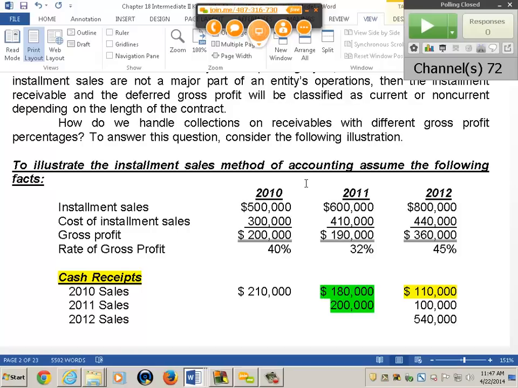When you close it out, you'd have to debit sales for 500, credit COGS for 300, and then you would have deferred gross profit of 200. Which means that you have zero gross profit in the first year. You defer the whole thing.